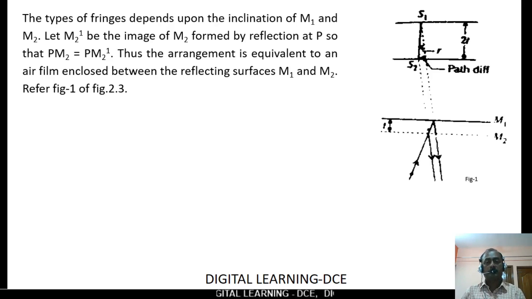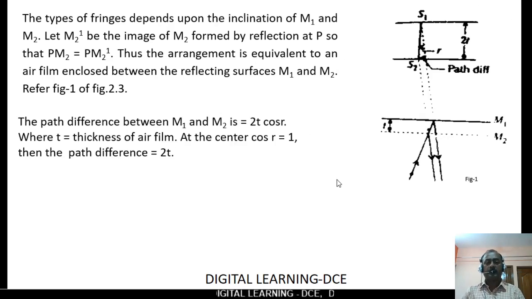Thus, the arrangement is equivalent to an air film enclosed between the reflecting surfaces M1 and M2. We can refer to the Michelson interferometer with this diagram.